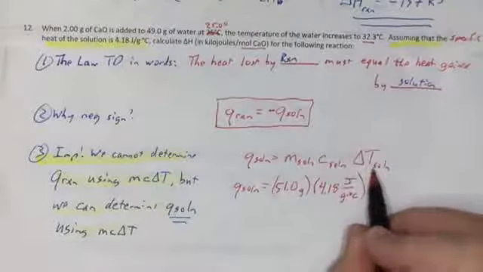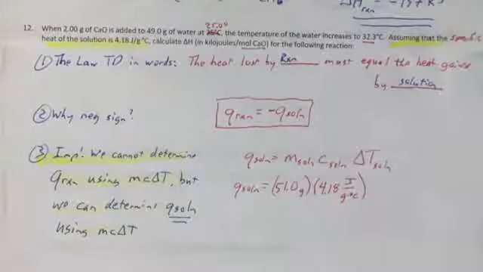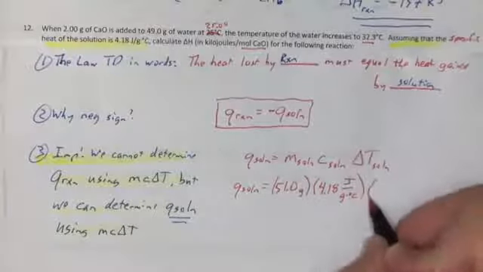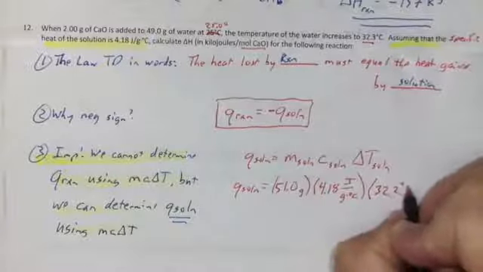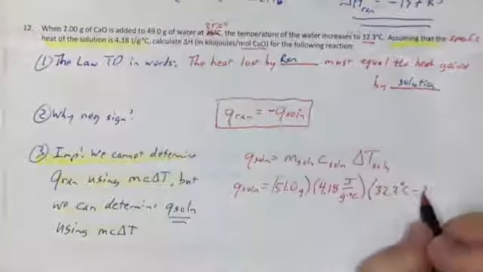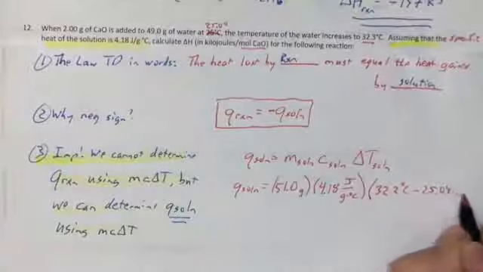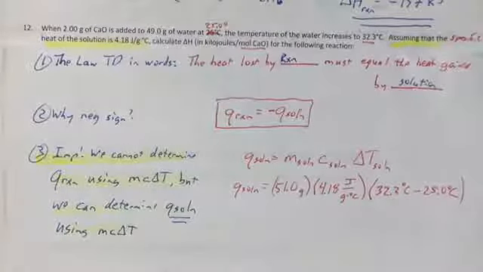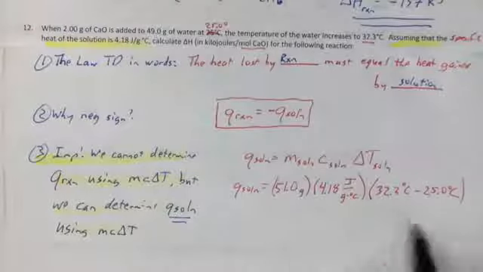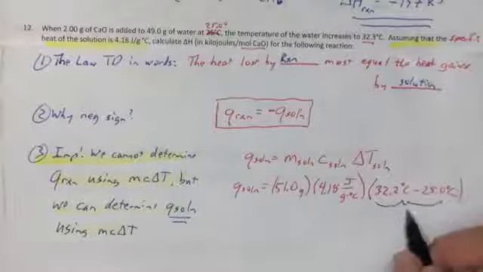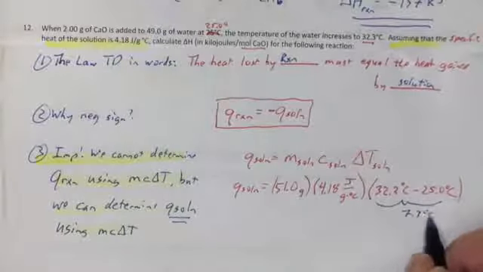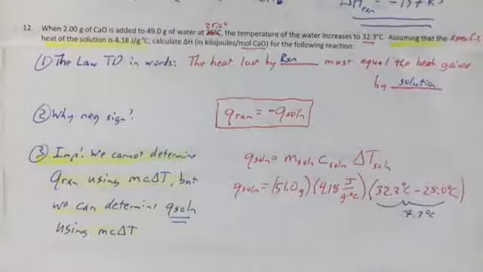Okay. What's delta T of the solution? Well, remember, delta T is always T final minus T initial. What's the final temperature? It's 32.3. What is the initial temperature? 25.0. Now, in this particular case, delta T would be 7.3 degrees C. And so when we multiply this through, we will get the Q of the solution.